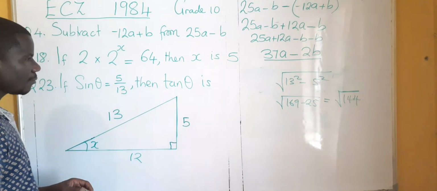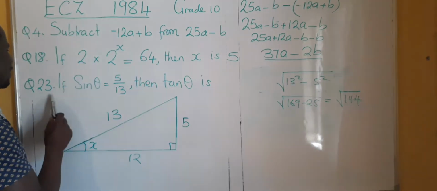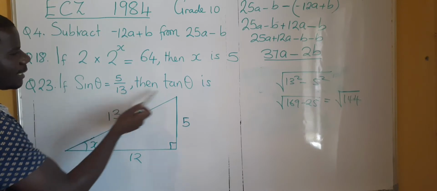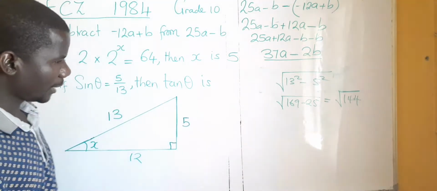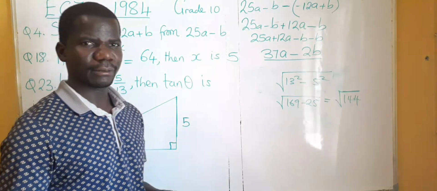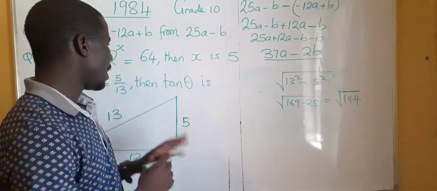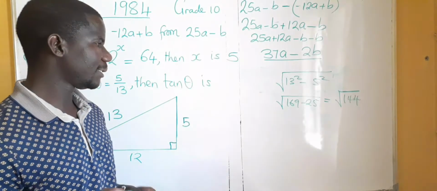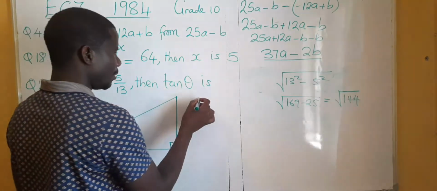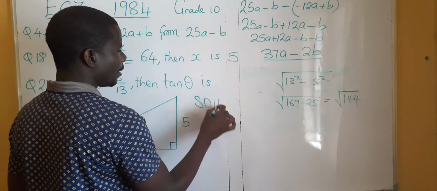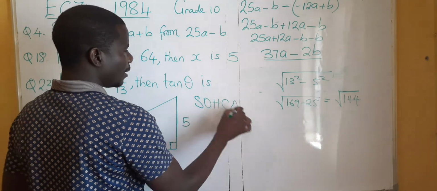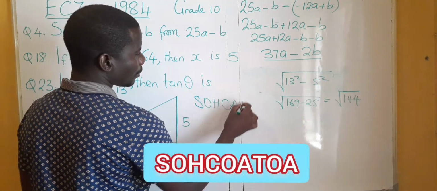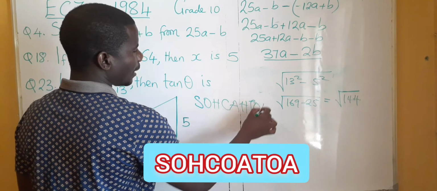And now in this case where we have the sine and the tangent, we know that we are dealing with trigonometry, and here we're talking about trigonometric ratios. That is like the SOH CAH TOA.